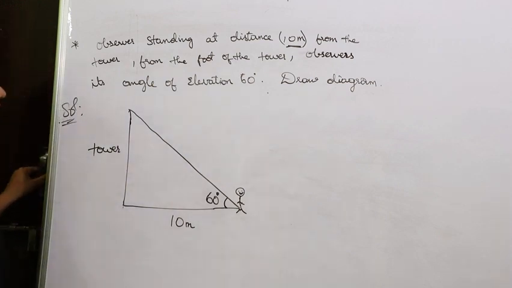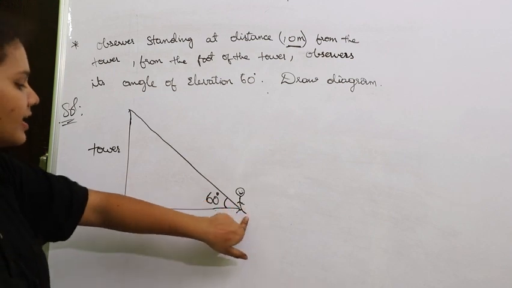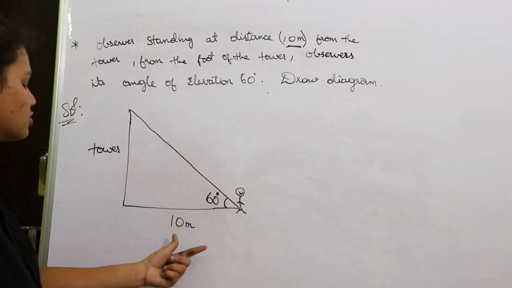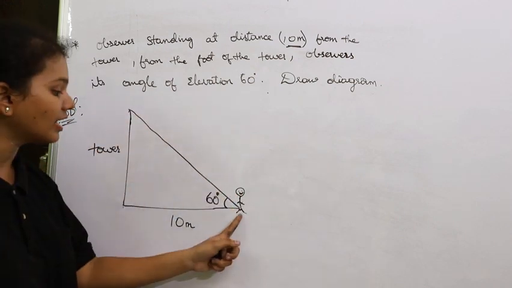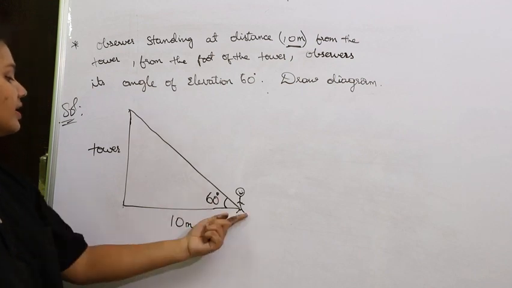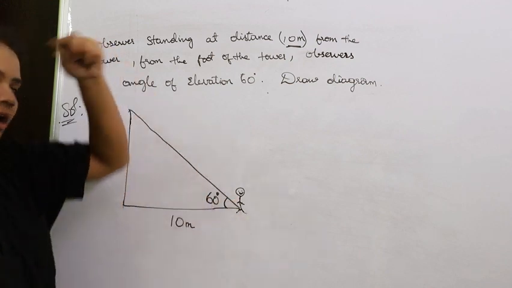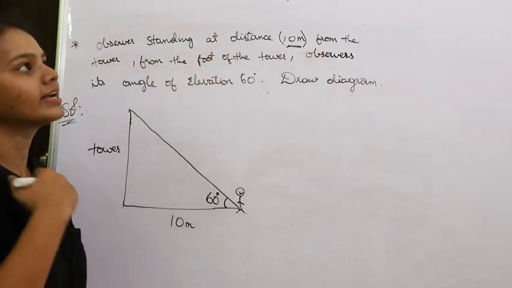So here this is the given question, guys. An observer is standing here, at a distance of 10 meters from the tower. The observer is at ground level, at the foot of the tower, and observes the top of the tower like this, with an angle of elevation.